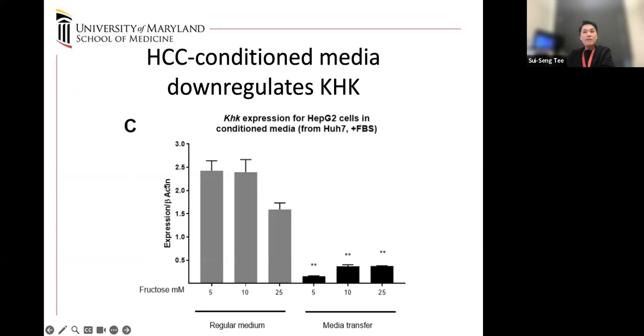We were also very surprised to find that when you treat HepG2 cells, the hepatoma cells that do take up fructose, with media that cancer cells were grown in, conditioned media from cancer cells are able to suppress KHK expression.